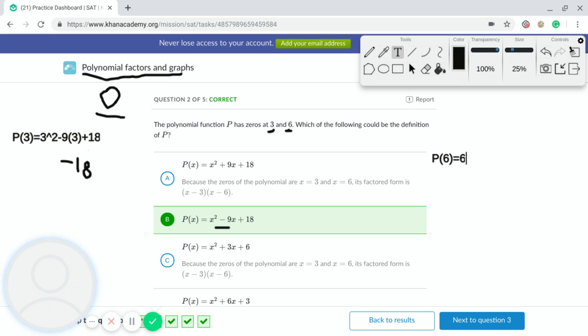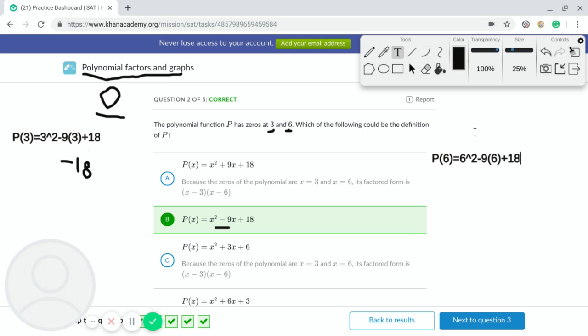So 6 squared is 36, minus 9 times 6, which is 54, plus 18.